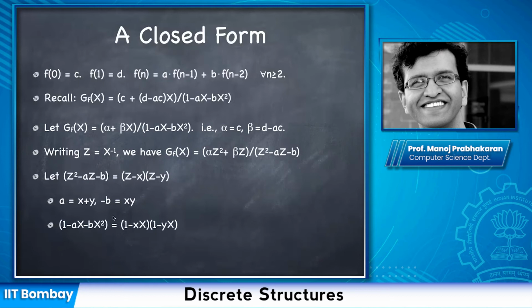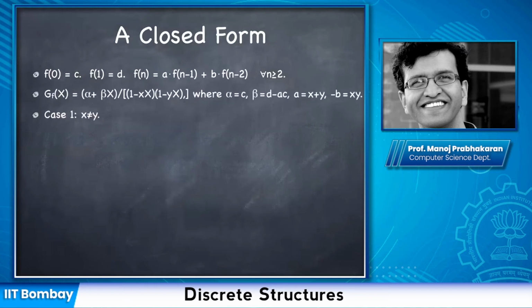And I can go back to writing this in terms of capital X, my original variable. So this is just saying that this expression here is 1 minus x times 1 minus y times X. So little x and little y are some two complex numbers. But there are two cases depending on whether these two solutions are equal or not equal.